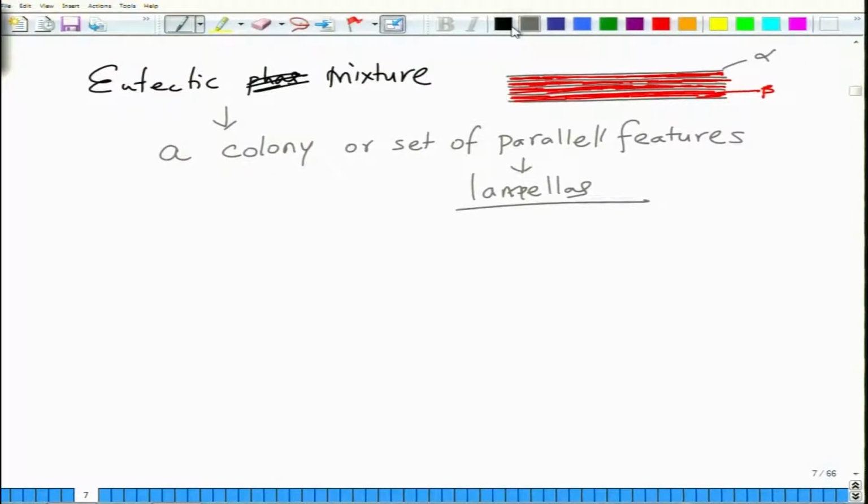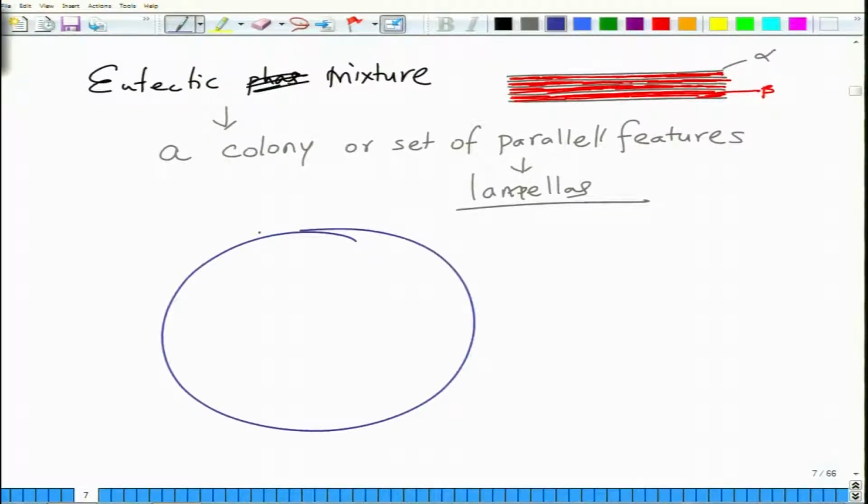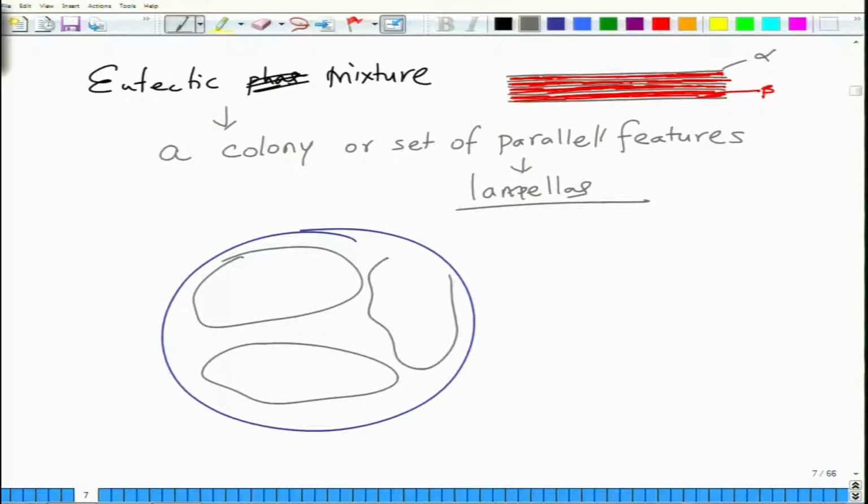So if you look at the microstructure of the pro-eutectic composition, you have this phase which is the alpha phase, which is present like this.